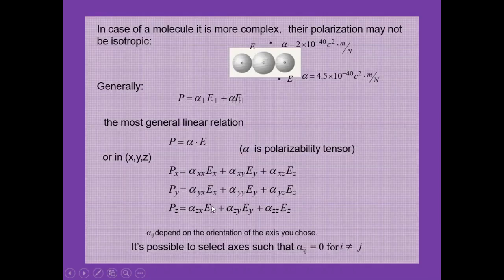Another thing I want us to know is that the case of a molecule is more complex, so their polarization may not be isotropic.